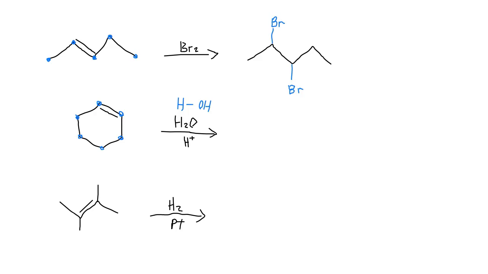Now using the same principle that I've used before, that carbon always wants 4 bonds. How many hydrogens are on this carbon right here? 1. Yeah, because it already has 3 bonds. 1, 2, 3.